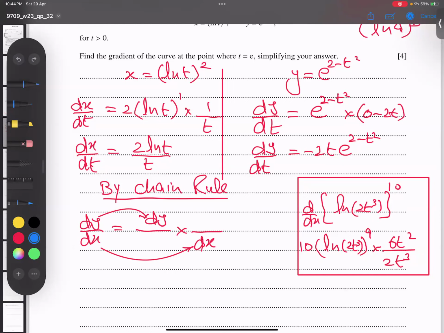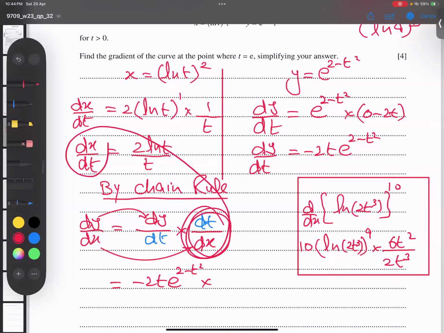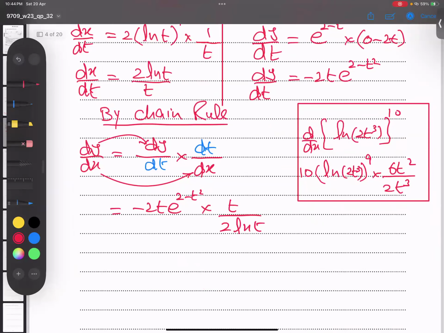And that t will come here and here. And this value I will copy from here exactly the same, negative 2t e to power 2 minus t squared. And this value is t up, x down, but here x up, t down. So it means I will flip. So this t will go up and 2 logarithm of t will go down. Okay, students. So I think up till here clear.